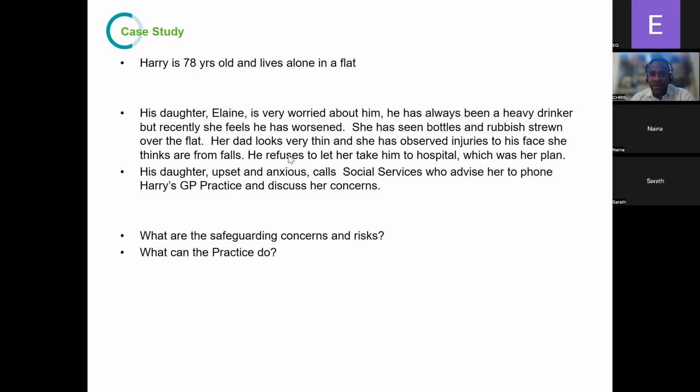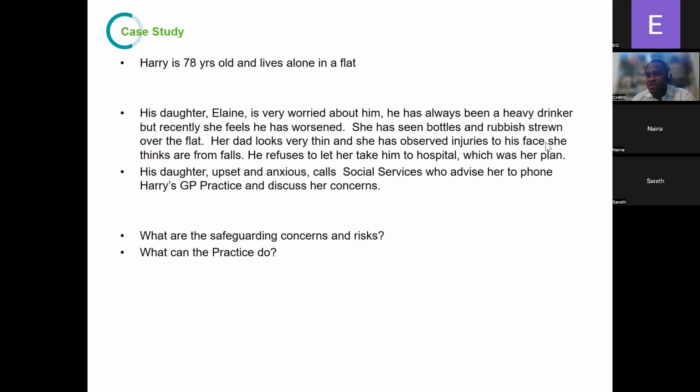Her dad looks very thin. Very thin means he may not be eating well. His diet is in question. Sometimes, is it that he doesn't have money to buy the food, or for the food to be prepared for him by the support workers? Is it possible that they are stealing off him so he doesn't have money to buy the food?